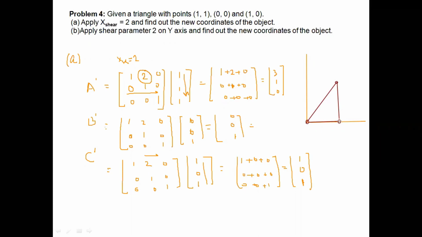Okay, so this one's a triangle. So I'm just writing the values once again for this. This is 0 0, then 1 1, 2, and this one 0.